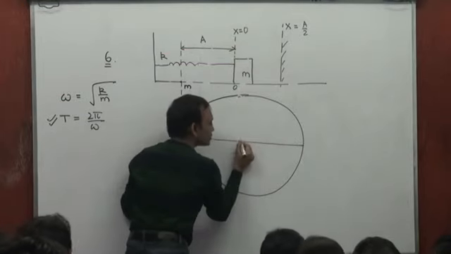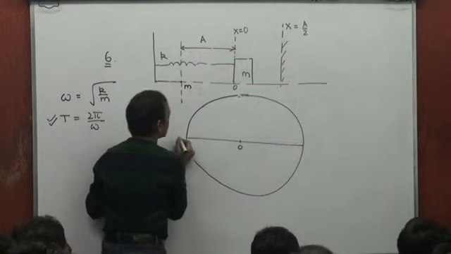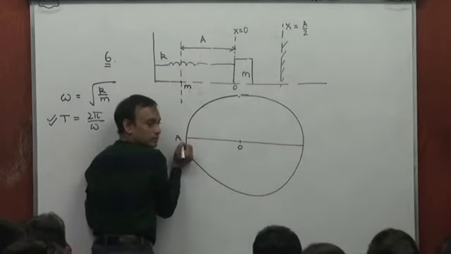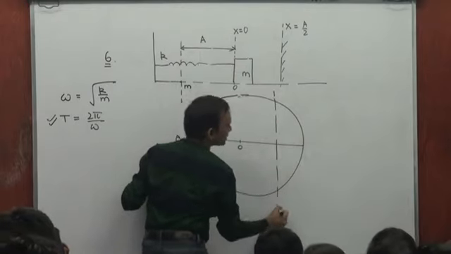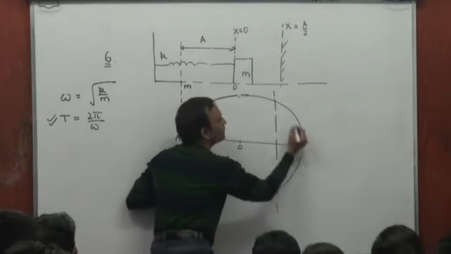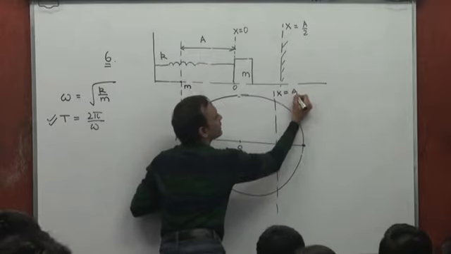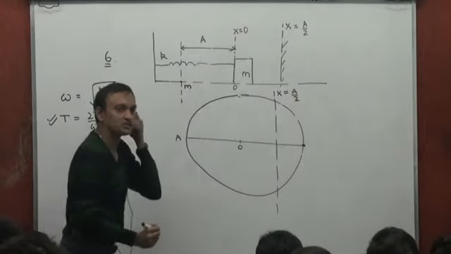This is the mean position now, right? This is the leftmost extremity which it can maintain. But on the rightmost front, it doesn't go all the way to this end, right? This is x equal to A by 2. x equal to A by 2.